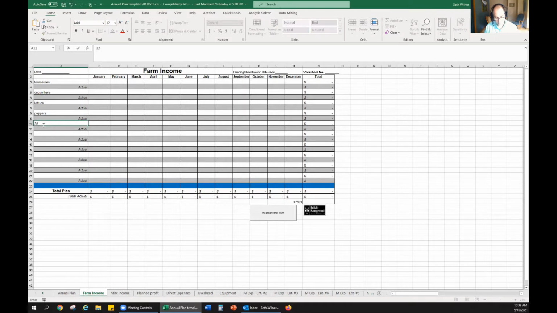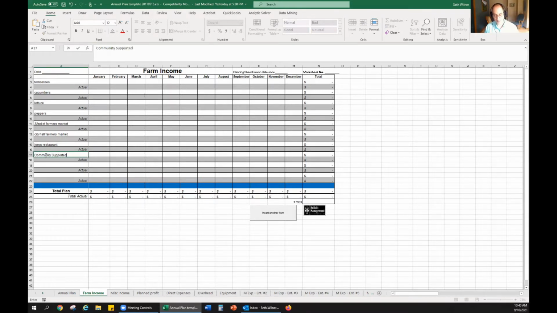So 32nd Street Farmers Market, City Hall Farmers Market, Farmers Market. Maybe you're going to look at restaurants, Joey's Restaurant, restaurant. Maybe you're going to have a community supported agriculture, which is a neat way of cash flowing.